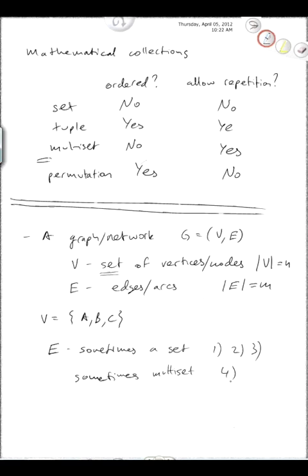This is such an important distinction that actually this word multi gets promoted to discuss the graph as well. If E is a multiset, then G is called a multigraph.